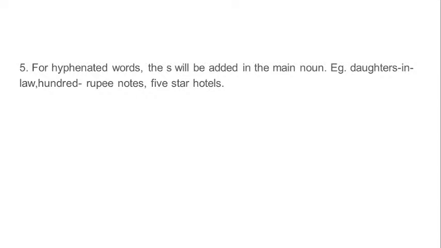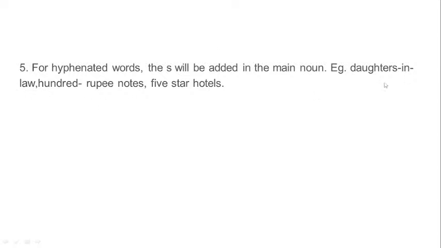And what is that? I'll just give you an example. That is, for example, daughter-in-law. This word, daughter-in-law. What is the original noun over here? The original noun is daughter, right? But we have joined some hyphenated words along with that.